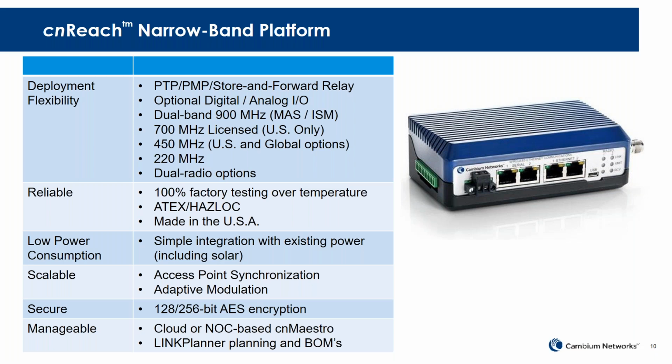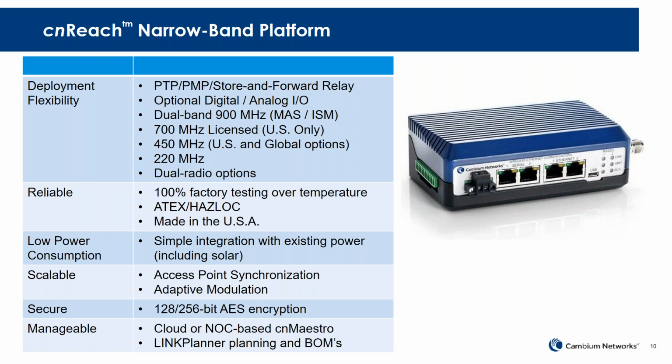Power consumption is important. In many cases, we can reuse existing solar panels so that the device can actually operate off of solar. And an area that's unique within cnReach within the industry is some of the scalability features. And this is not new to those of you that are familiar with Cambium products, because all of our products within the portfolio do TDD or time division duplex synchronization and adaptive modulation.